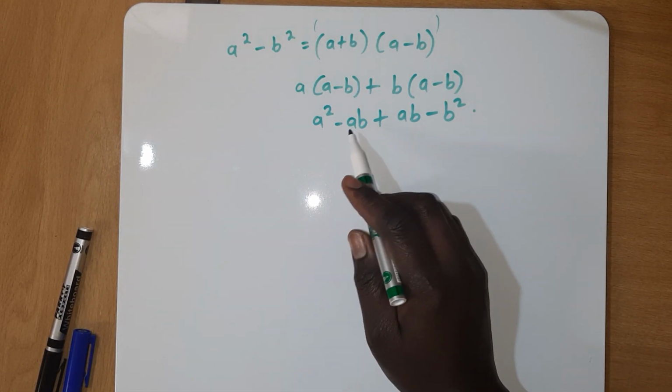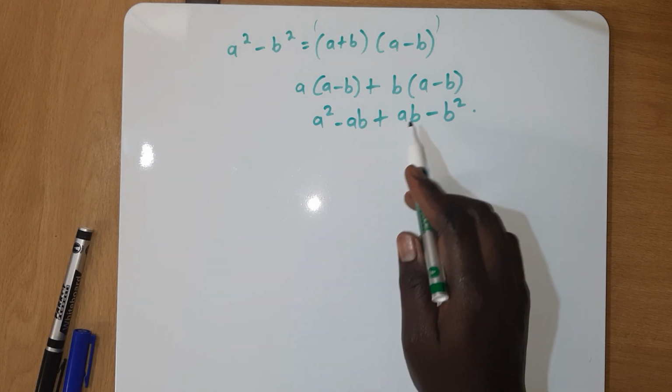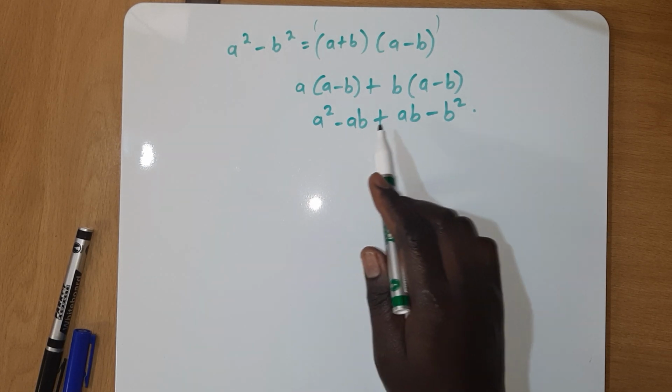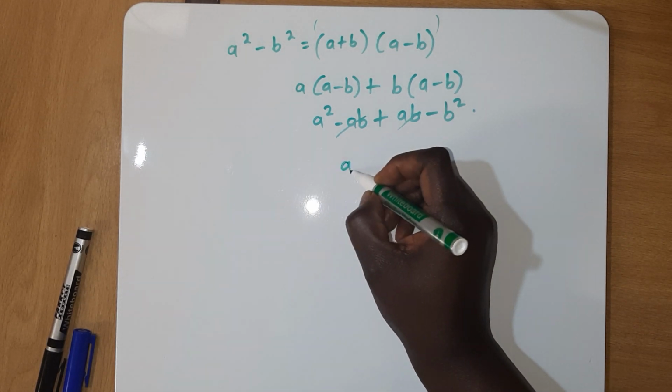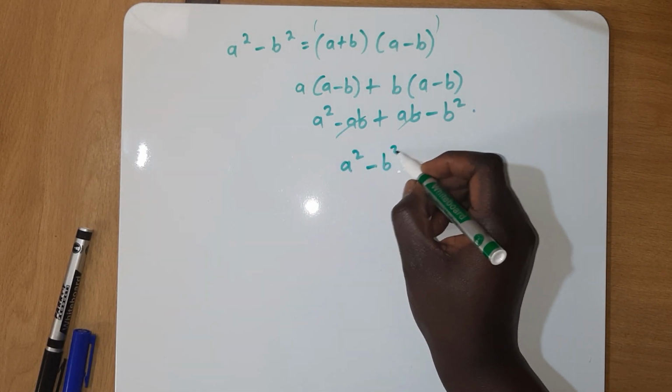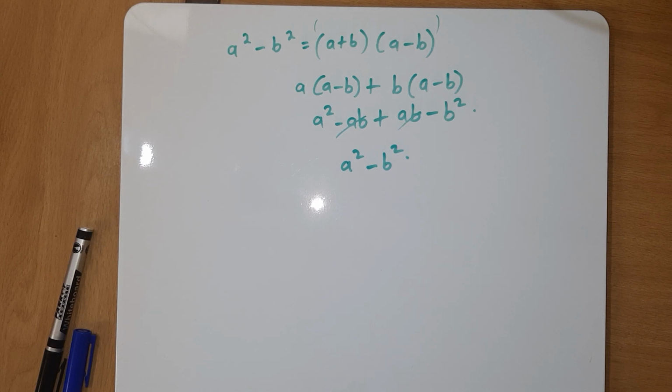So this cancels out, because minus ab plus ab is 0. Then we'll have our a squared minus b squared. Hence the proof. So a difference of two squares is equal to the sum of the two numbers times their difference.